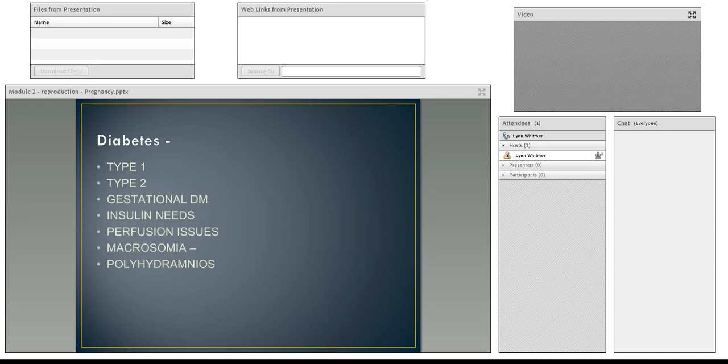So, type 1 diabetes means that she comes into the pregnancy with a perfusion issue. We know that that developing baby during the critical period needs proper, pristine, so to speak, perfusion. And when we don't have that, we're going to have an insult to that developing baby. So type 1 diabetes, the biggest risk to baby is fetal anomalies.